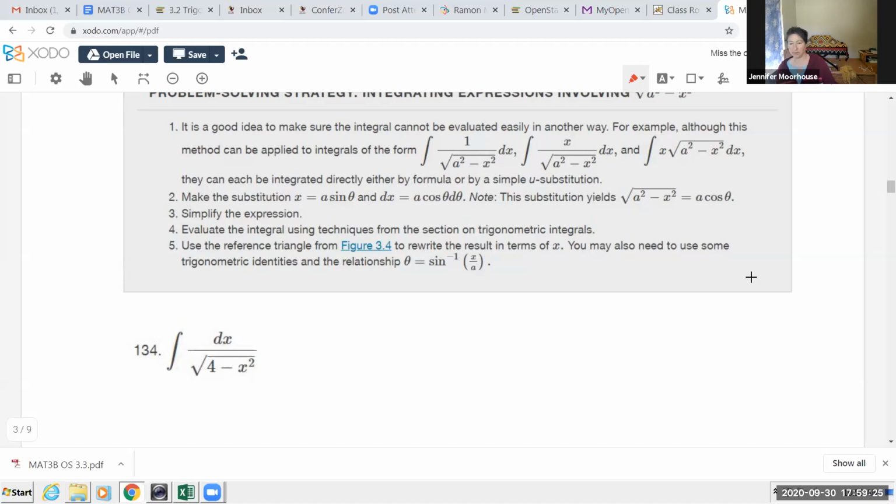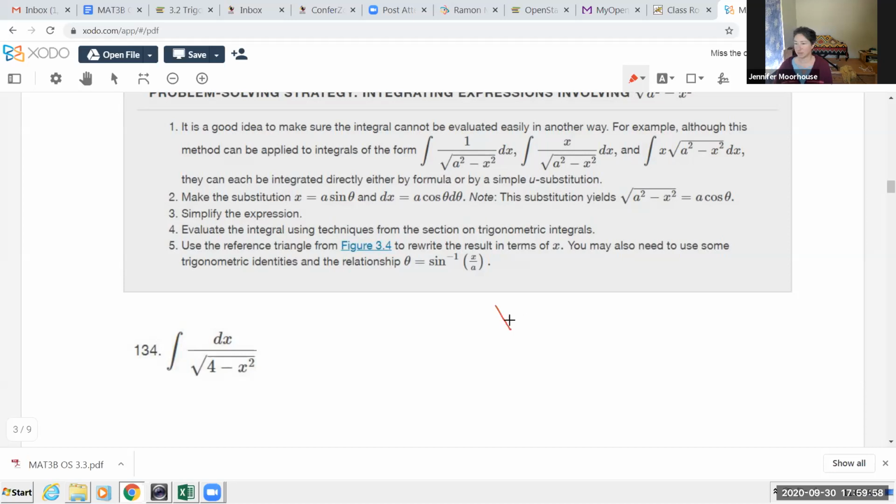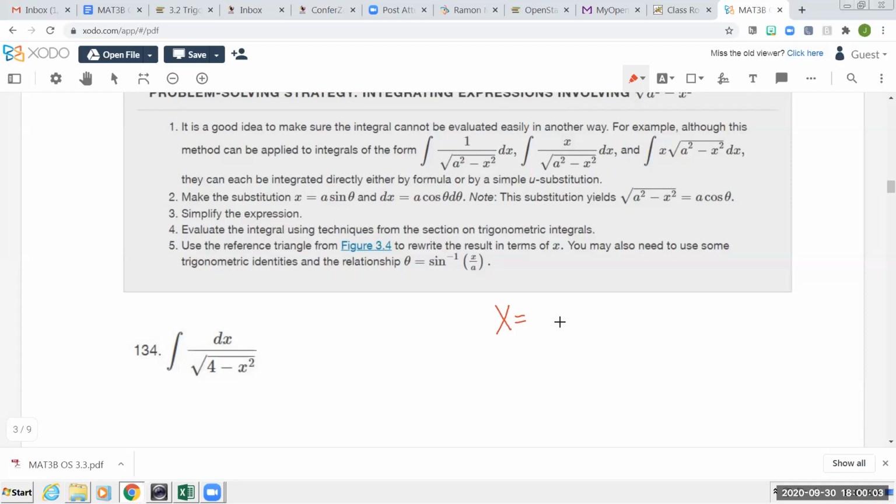All right, so have you decided on the substitution? Mauricio, I'll pick on you. I kind of followed the same pattern as the last one. Okay, so what substitution did you make? So what is x? That'd be 2 sine theta, same as the last one.